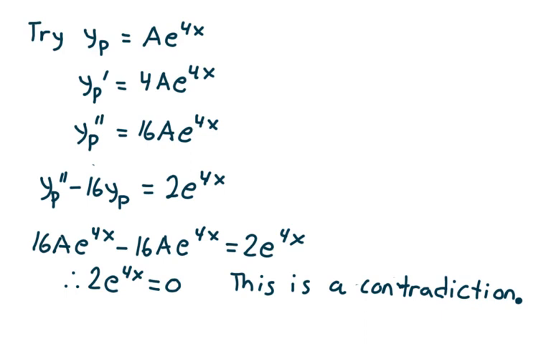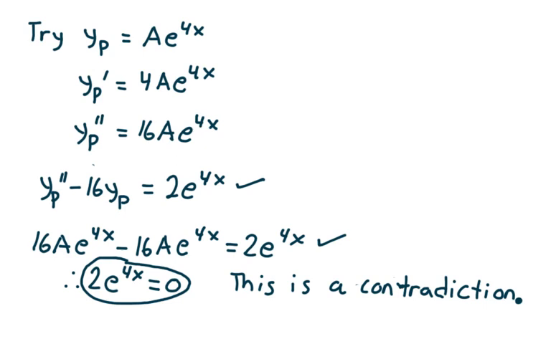So remember, y sub p double prime minus 16y sub p is equal to 2e to the 4x. If I make my substitution, I get 16a e to the 4x minus 16a e to the 4x, and that is equal to 2e to the 4x. What that tells me is 2e to the 4x is equal to 0.